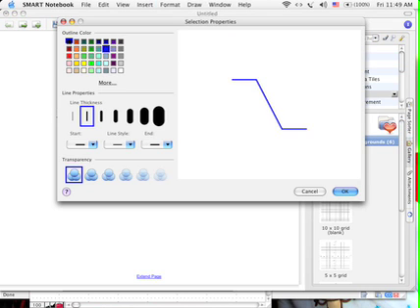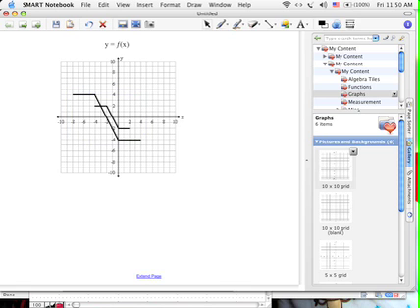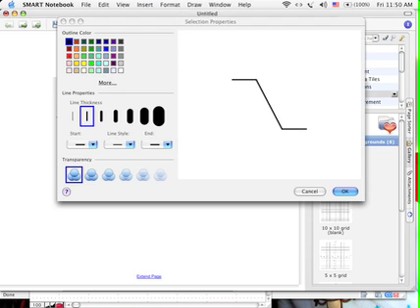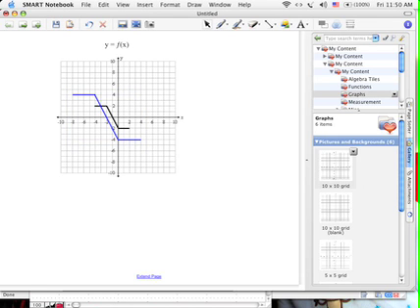Let's see. Yeah, that's the transformation. I'm going to change the color of that particular graph so that we can distinguish it from the original, and set the transparency. And so, oh, that didn't work. Let's try it one more time. If it doesn't work, you get the idea. What I'd like you to do is figure out what is the new equation for that.